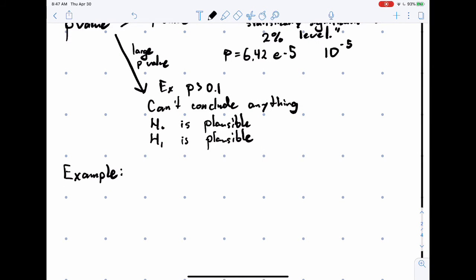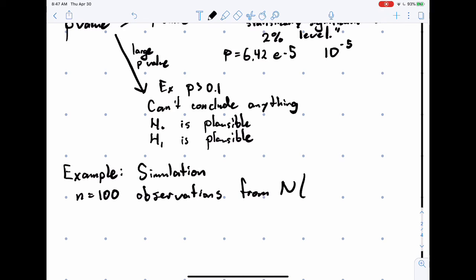So here's an example where you don't know, with simulation. I just performed this experiment. I take n equals 100 observations from a normal, instead of mean 0, I take mean 0.001 and variance equals 1.